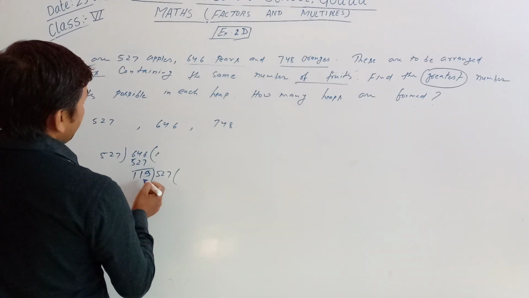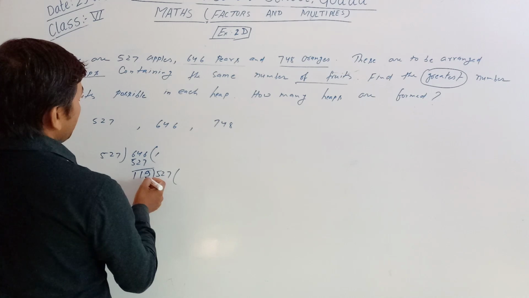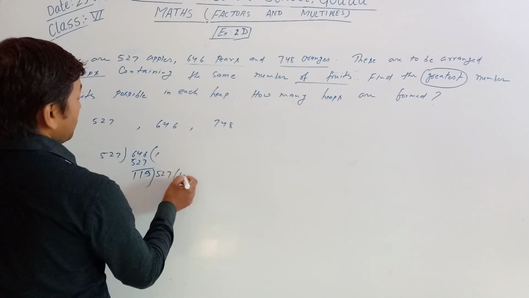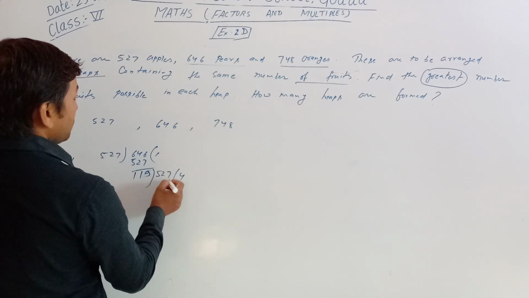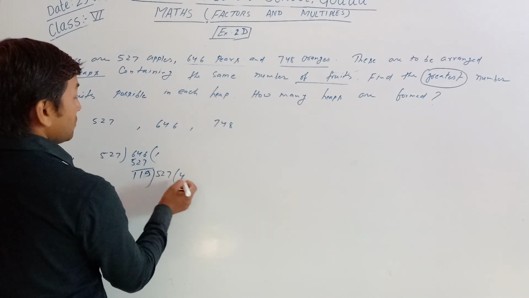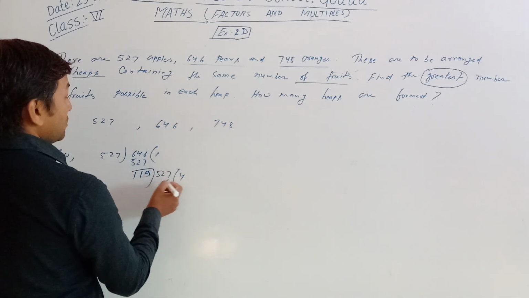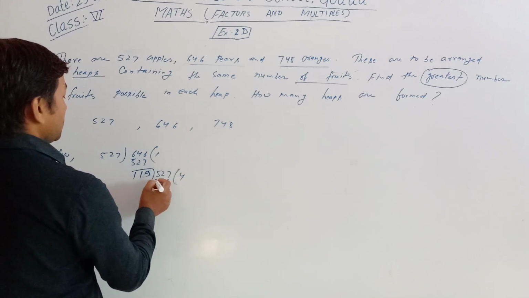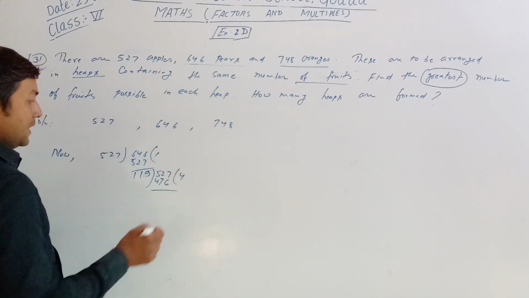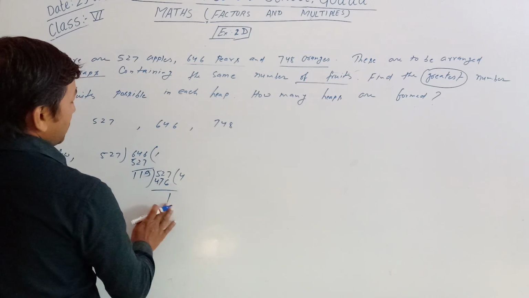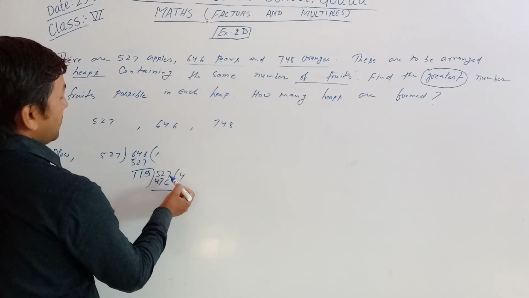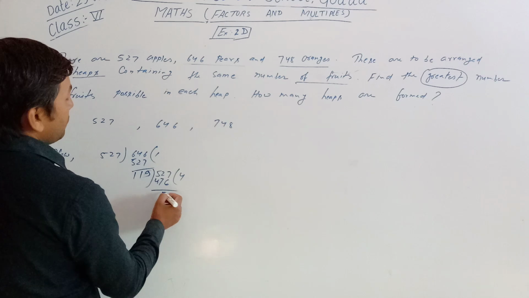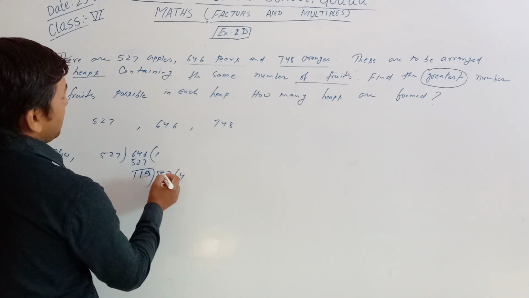If we divide 4 times, 7 minus 6 is 1, and 12 minus 7 is 5, and this is 0.